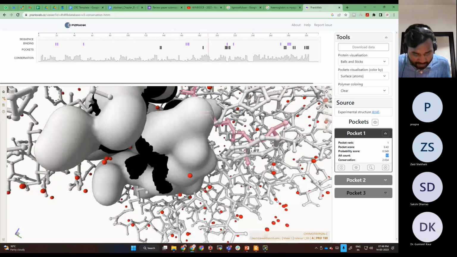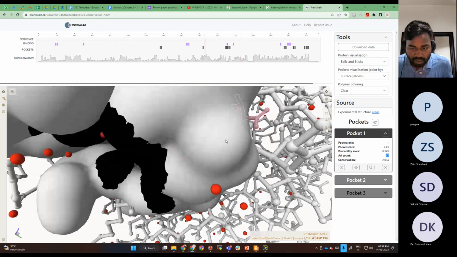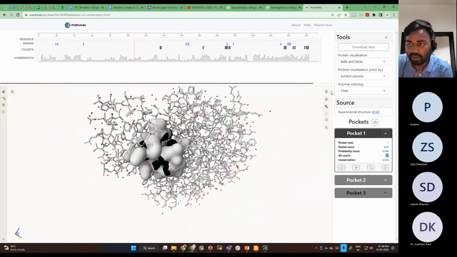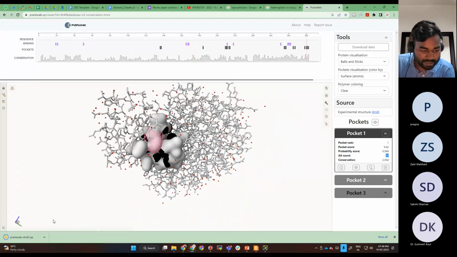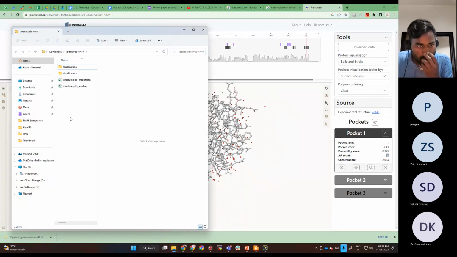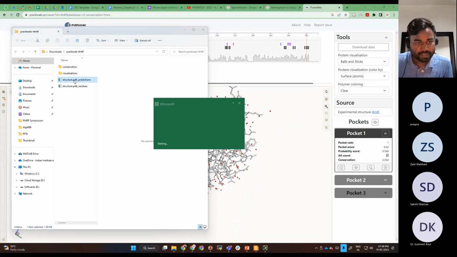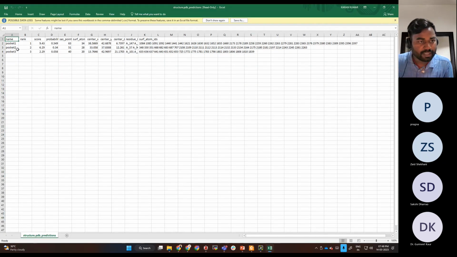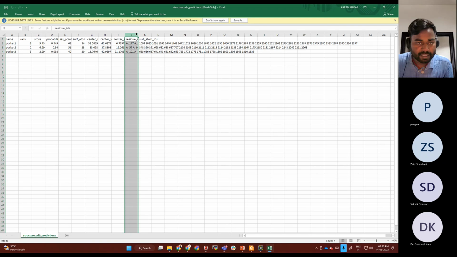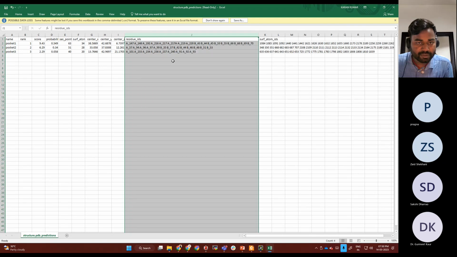Now, once you have understood the binding pocket, you can download the complete data. Then if you open predictions, it has three binding pockets, and their amino acid residues are also given.